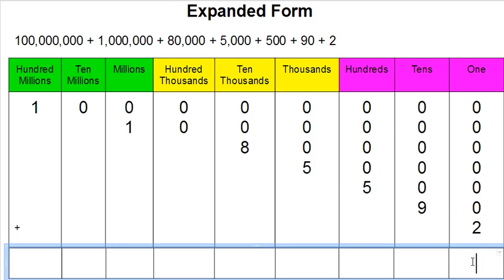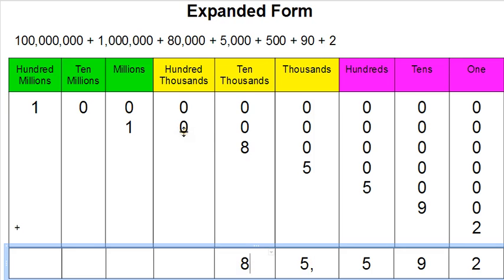So all those zeros plus 2. All these zeros plus 9. All these zeros plus 5. Now to my thousands period, all these zeros plus 5. All these zeros plus 8 is 8.